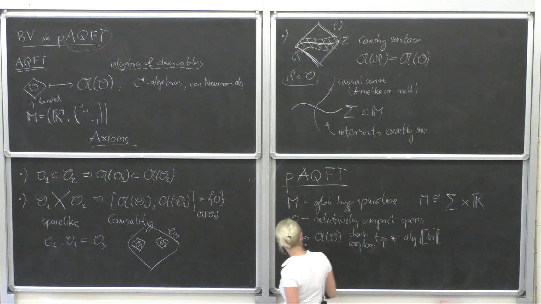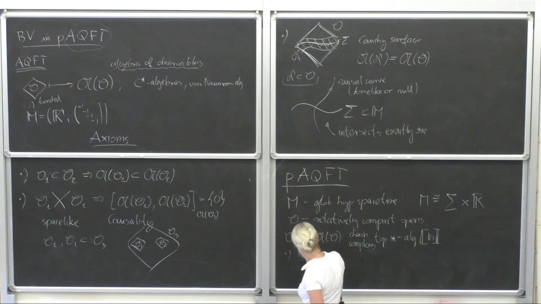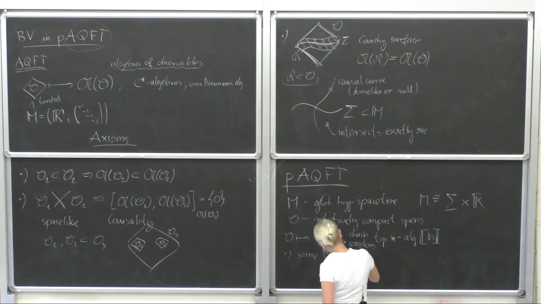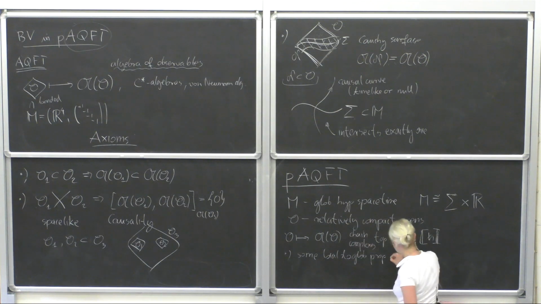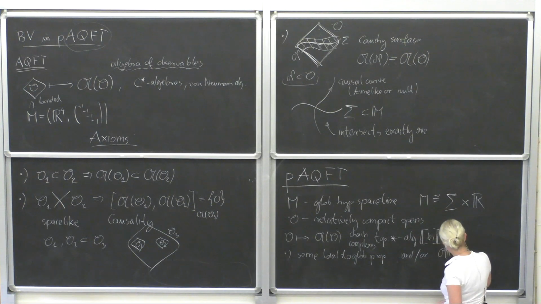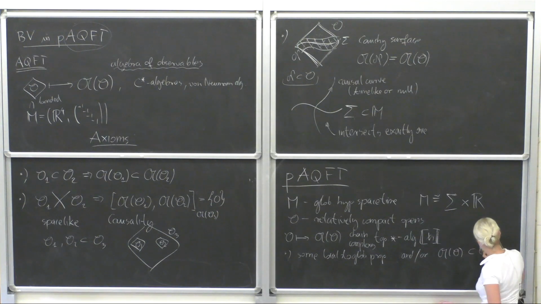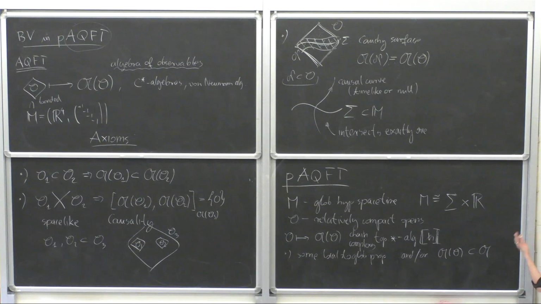So instead, I'm going to say that there is some local to global property, or all A of O's are contained in something global.